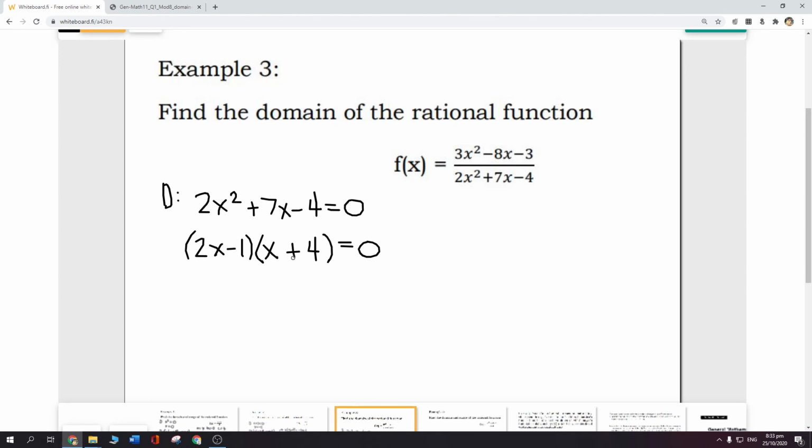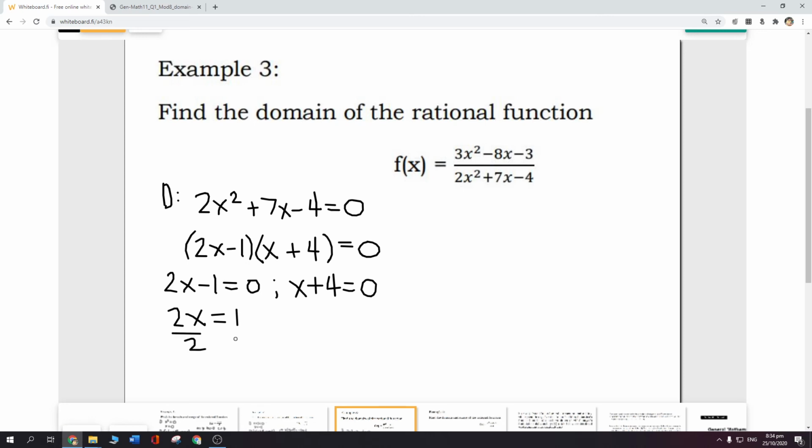Then solve for x. Since we have two factors, therefore we have two values for x. So we are going to equate each factor to 0. We have 2x minus 1 equals 0, and the other one is x plus 4 equals 0. Then solve for x. We have 2x equals 1.